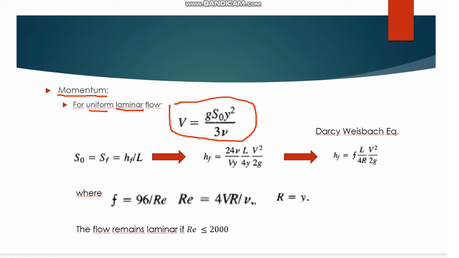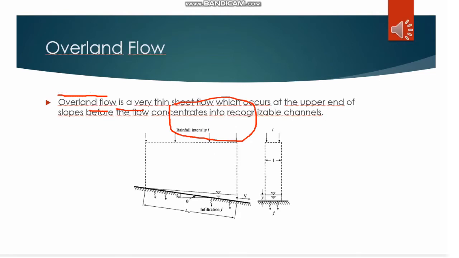This slope is S0, but we can calculate it as hf, the depth drop, over the length L. hf over L gives us the same theta, the S0.